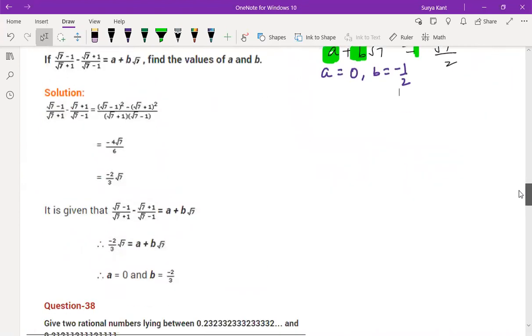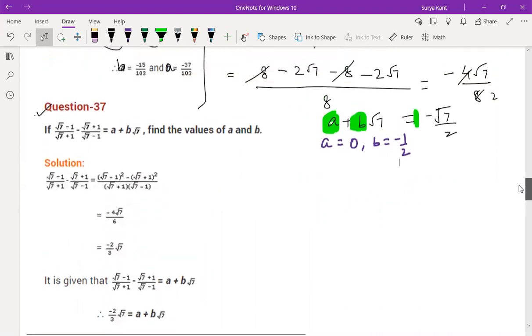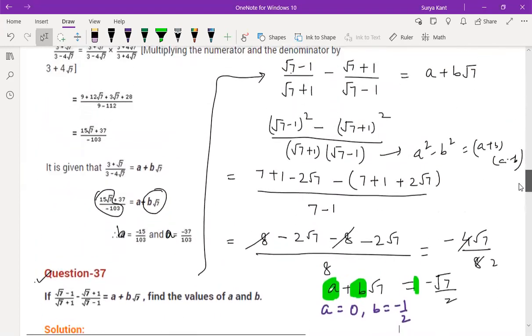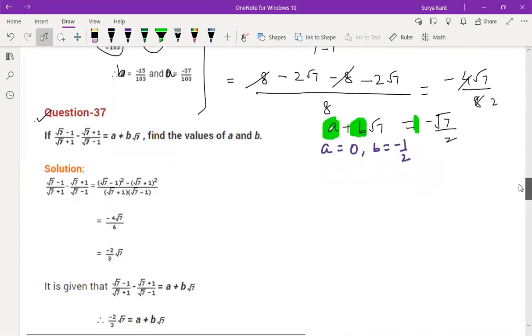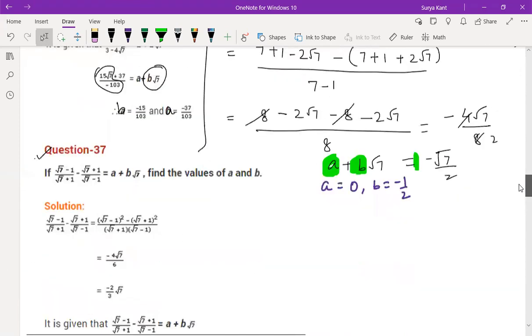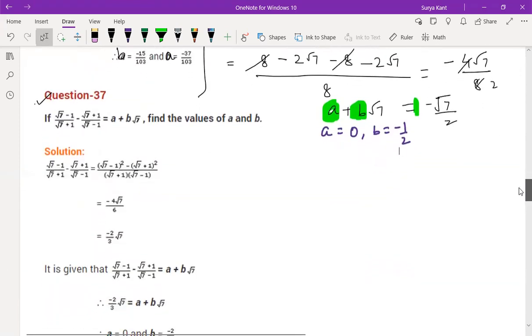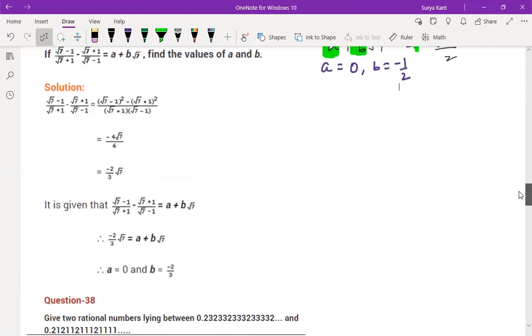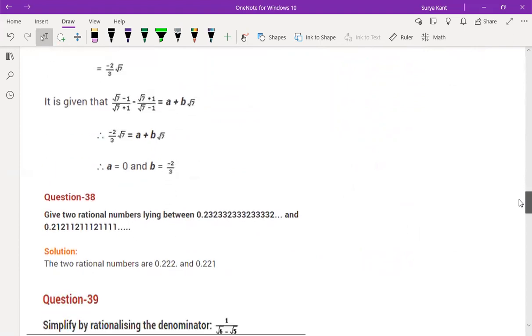But here in the book they are getting b as minus 2 by 3. Why is it so? I think what we did is correct. Anyway, you match children, but they might have made a mistake in the solution.